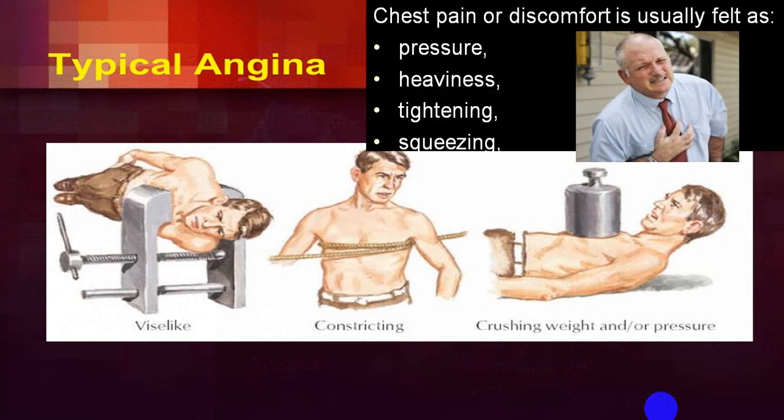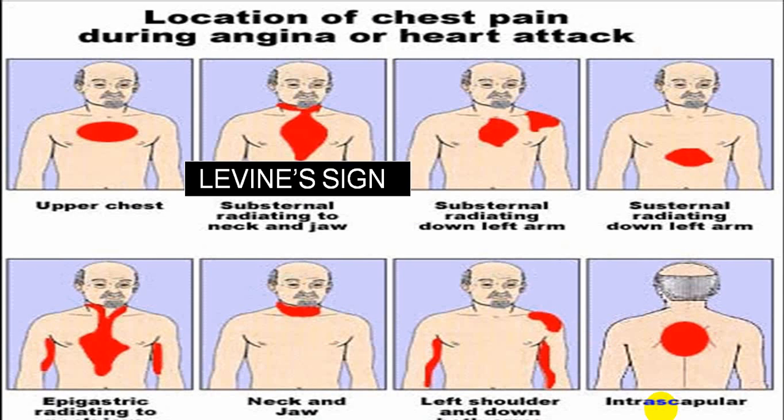In typical angina, the description of the pain can be pressure, heaviness, tightness, squeezing sensation. All these are the different descriptions. The typical Levine sign: the person will be holding the chest. And these are the different distributions: retrosternal right up to the neck, radiating to the shoulder, epigastrium, arm, neck.